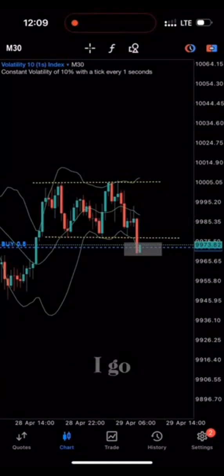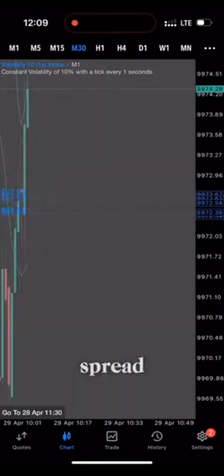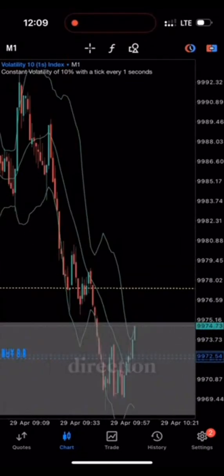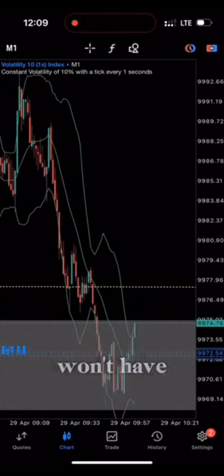So then I had to go full margin, because what had been done annoyed me a little bit. Like I said, a slight movement, since there is low spread, we get huge profit. And also a slight movement in the opposite direction, kaboom, you won't have any money to trade.